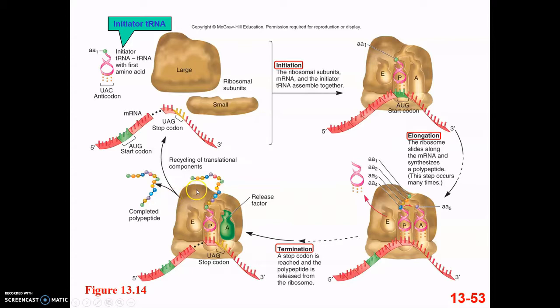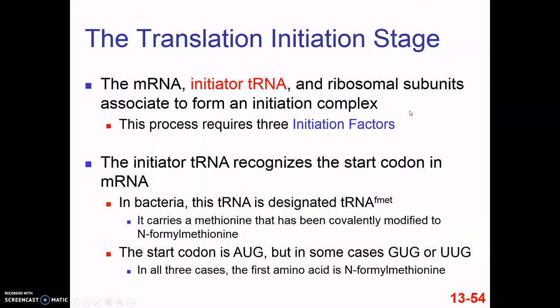So let's stop and go through each one of the steps: initiation, elongation, and termination, and we will kind of compare and contrast bacterial and eukaryotic systems. They are very, very similar. It's a highly conserved system, but there are a few distinct differences out there.